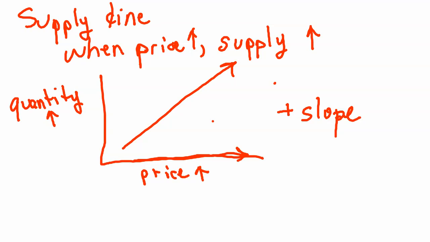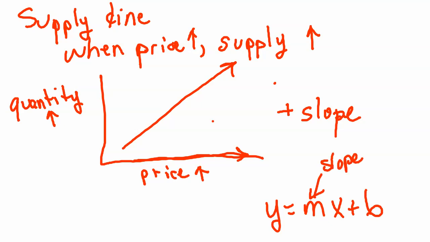So again, the equation of a line is y equals mx plus b, where m, the number in front of the x or the variable, is always the slope, and the number by itself is always the y-intercept, where it crosses the y-axis.